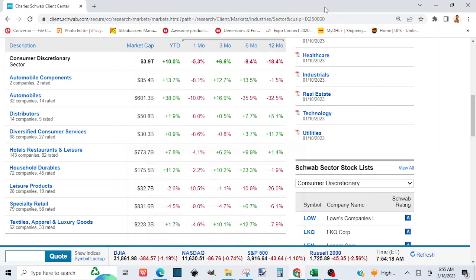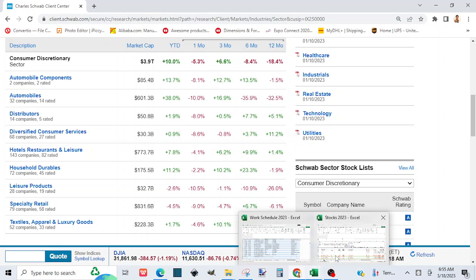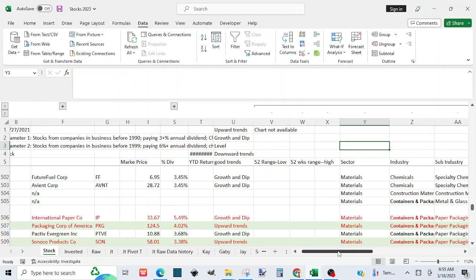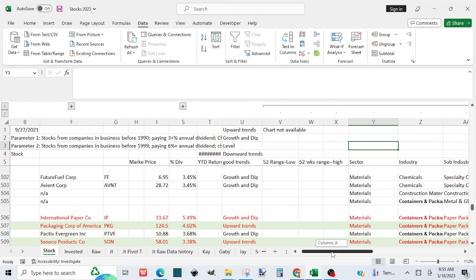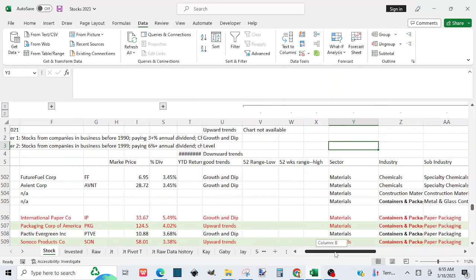And in fact, you can even do search on them in Google as well. And even if you have Charles Schwab account, you can track your sectors and the companies in those sectors.